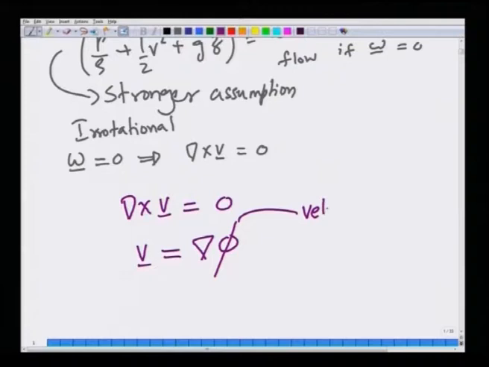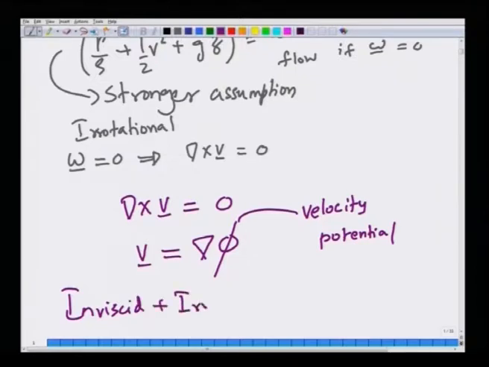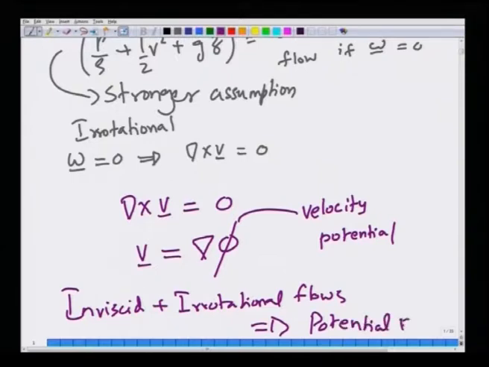This scalar potential is called the velocity potential. So, inviscid plus irrotational flows are also known as potential flows, because the velocity is written as a gradient of a potential.